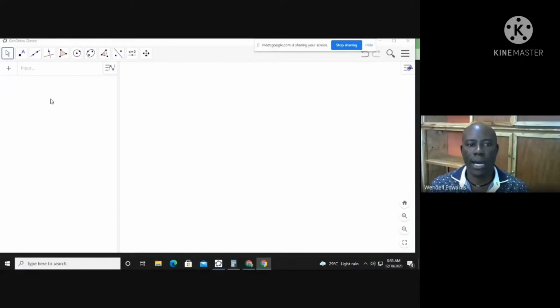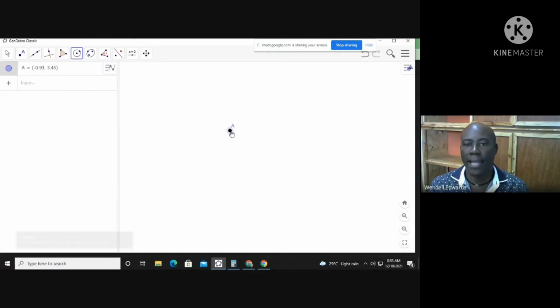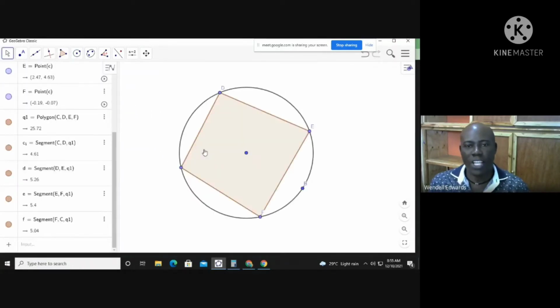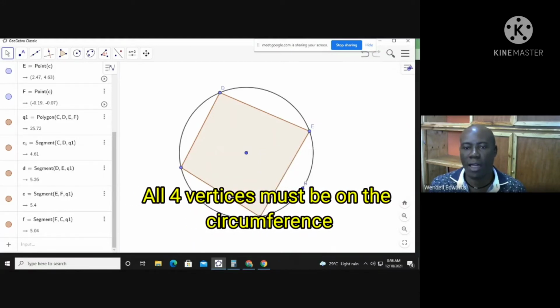Today we want to look at the cyclic quadrilateral. So here it is, we have a cyclic quadrilateral. And this is a cyclic quadrilateral because all the vertices are actually on this circumference.